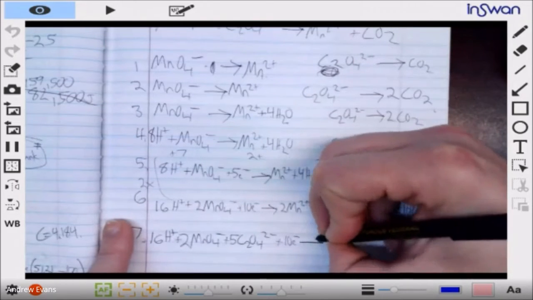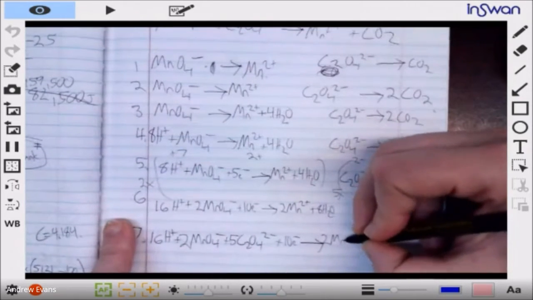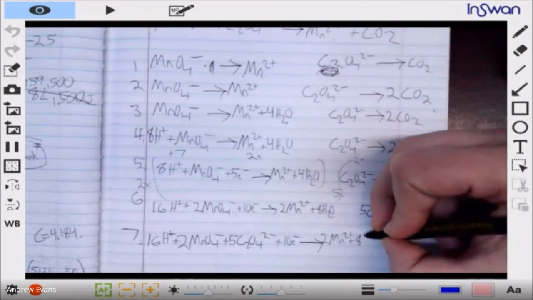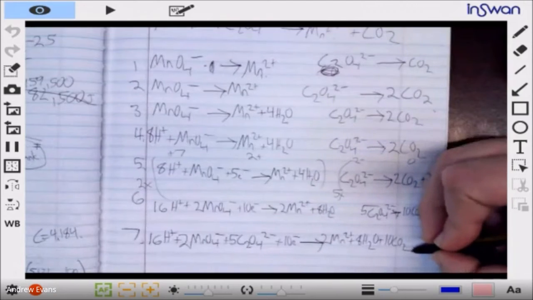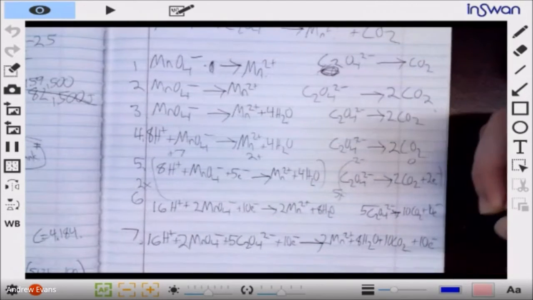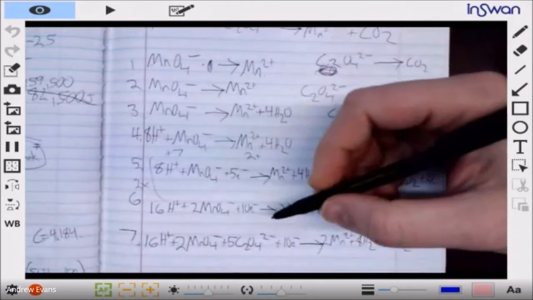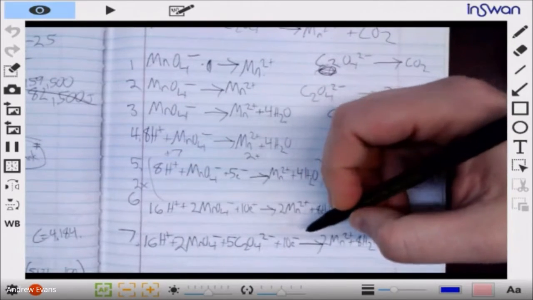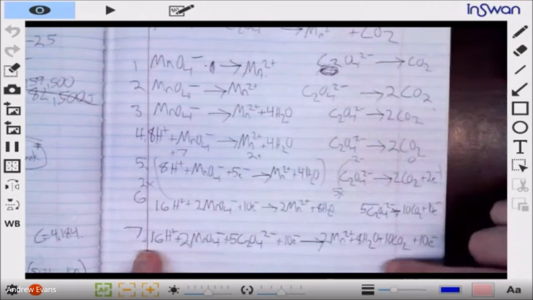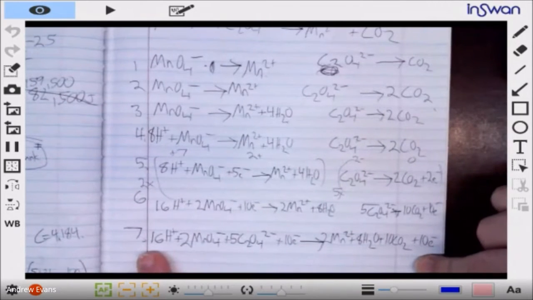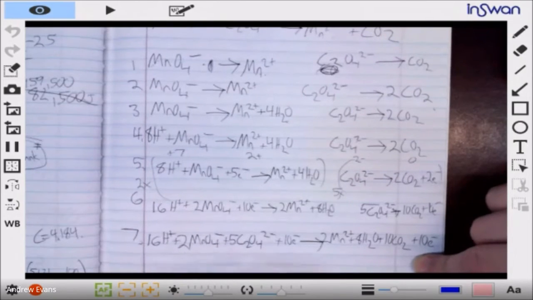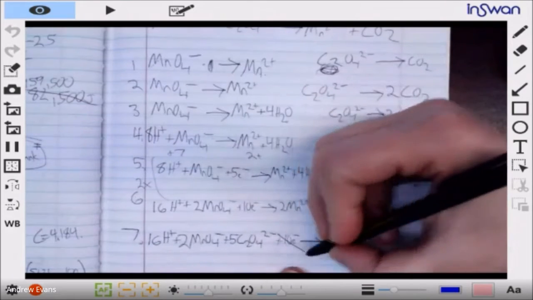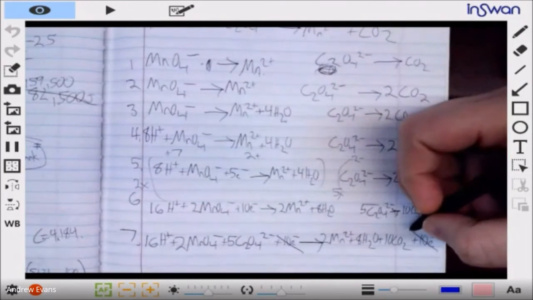Right side of the reaction: 2 Mn2+, 8 waters, 10 CO2s, 10 electrons. Now, here's the important thing before we finish. Everything that is identical, left and right, gets canceled out. There's no H+ on the right, so you don't worry about that. There's no MnO4 on the right, no C2O4 on the right, but there are 10 electrons, 10 electrons. So they get canceled out.